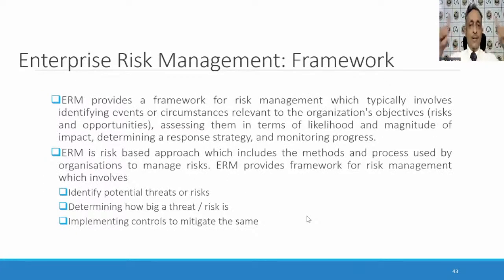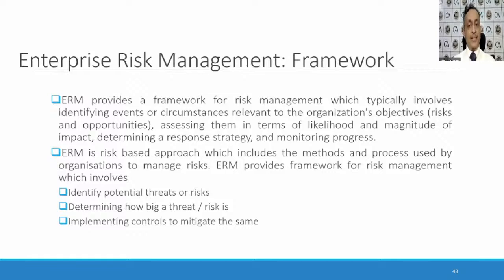Then, so that was benefits. Framework, what is part of it? So ERM provides a framework for risk management, which typically involves identifying events or circumstances relevant to organizational objectives, the risk and opportunity, assessing them in terms of likelihood and magnitude of impact.